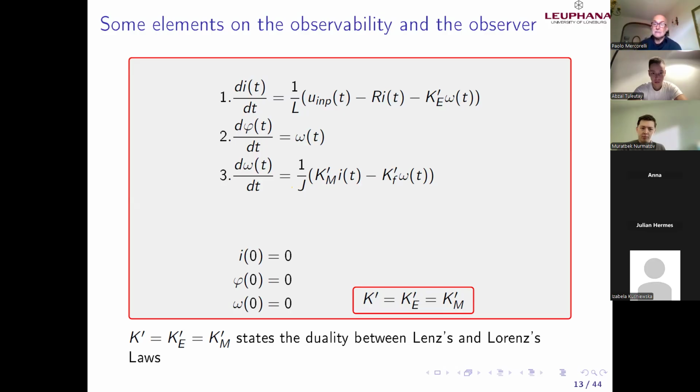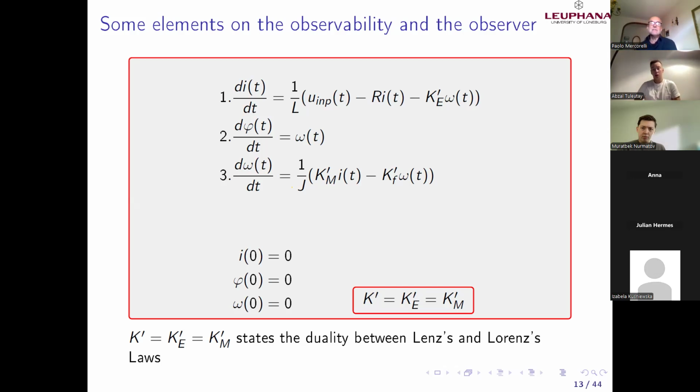Okay, equations 1, 2, and 3 are the equations which characterize the dynamical systems because they are expressed in terms of derivatives of the state variables. State variables reflect the energy. We can see on the right part input and states.